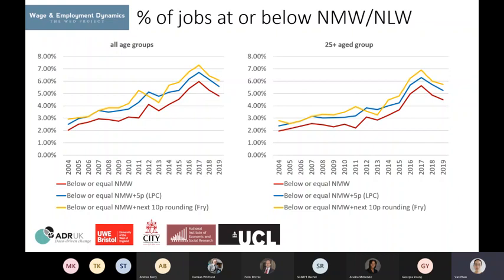That's the LPC approach. And the yellow line adopts the Phan and Ritchie practice of rounding up to the nearest 10p. So you can see that some of that may be different, depending on what the actual minimum wage is.